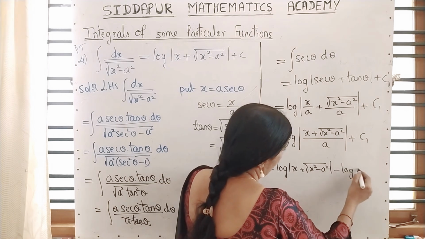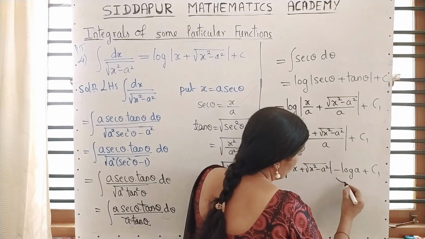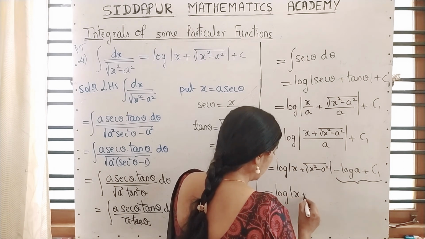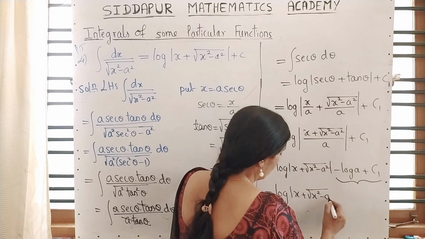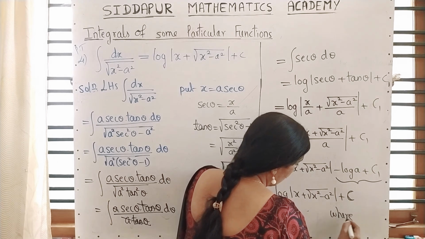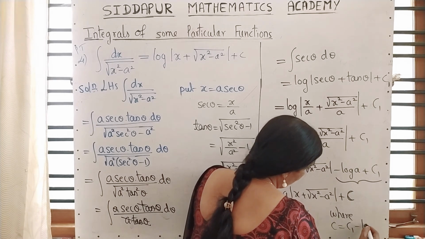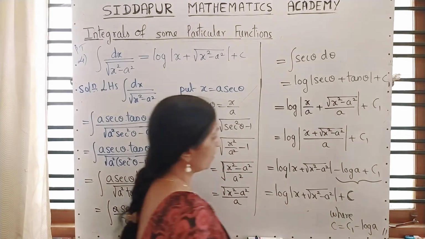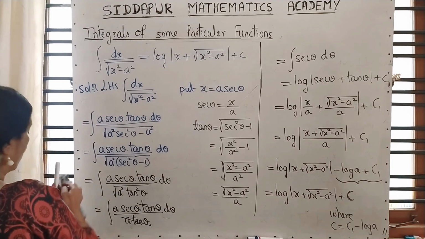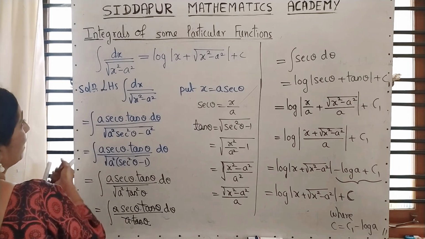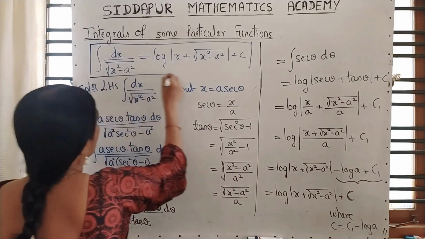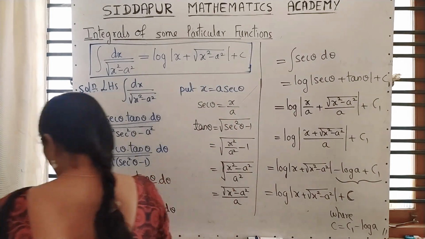Minus log a plus c1. These two constants I am replacing by this one, plus c, where c is equal to c1 minus log a. Constant you can replace by any term. Therefore, integration of dx upon root of x square minus a square is, write it in the box. This is the fourth formula derivation.